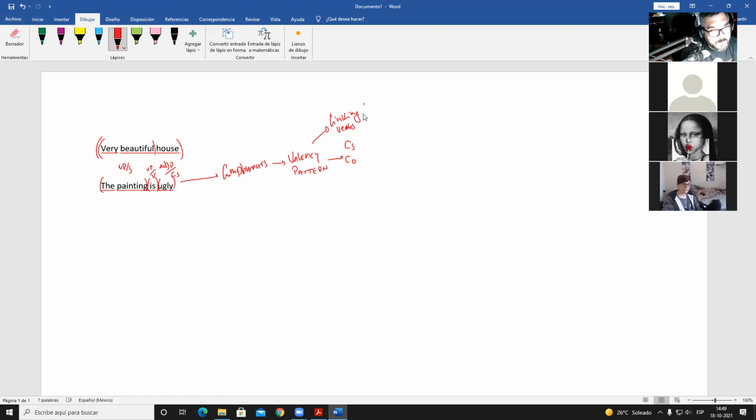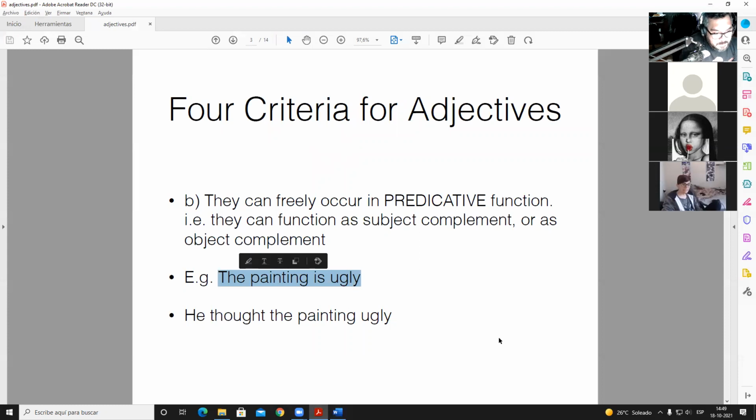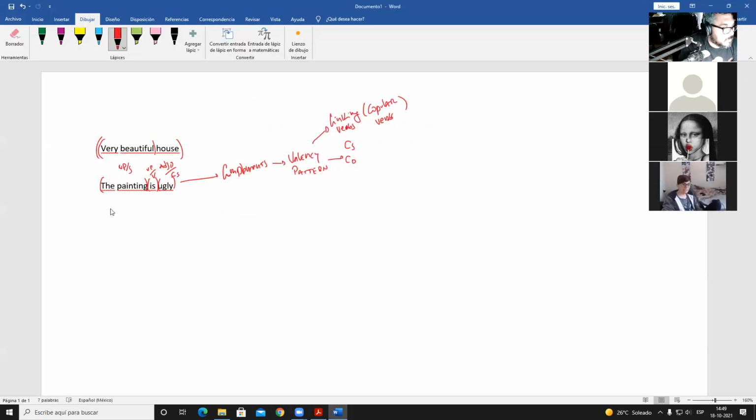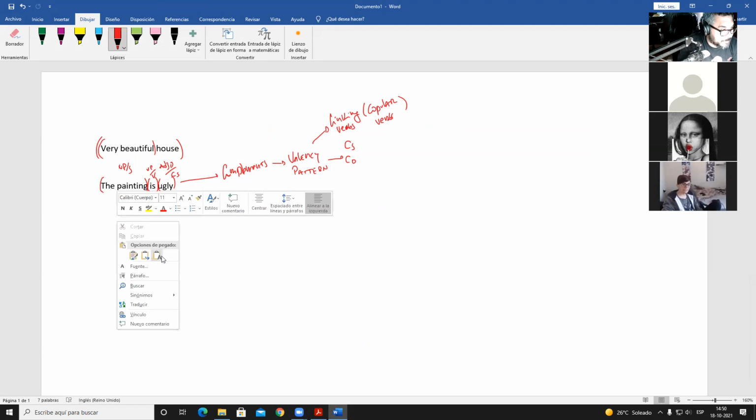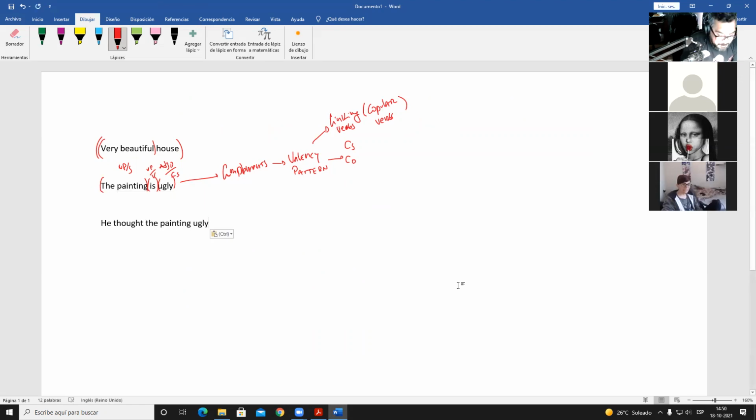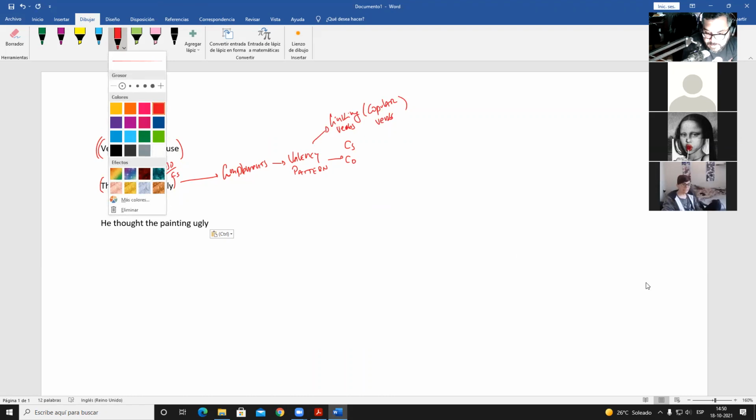And they receive another name. They are also called copular verbs, right? There's a group of them. Like in, for example, this second example, he thought the painting ugly. So again, what we have in here is a sentence.